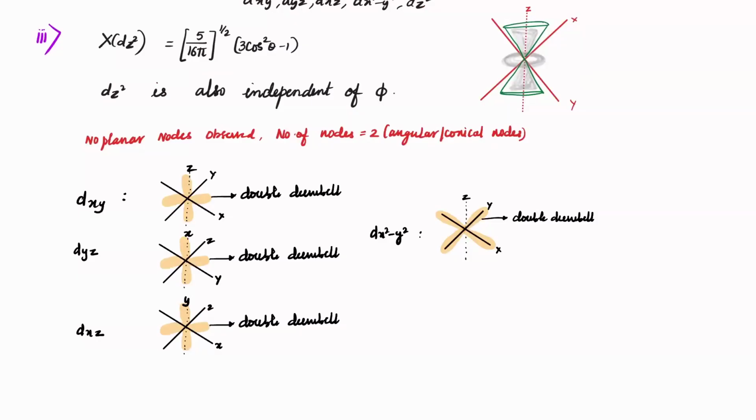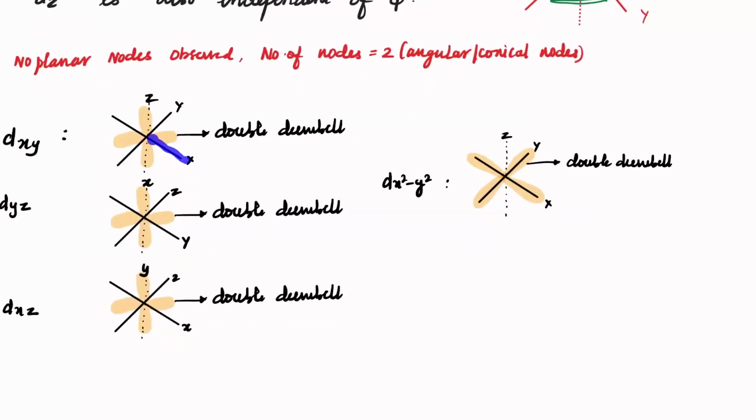Right, everybody? Now notice one thing carefully. What are the planar nodes here? Because this will offer planar nodes here, correct? So you can notice that this x-axis completely, here along the y-axis. So this is x and y, correct?